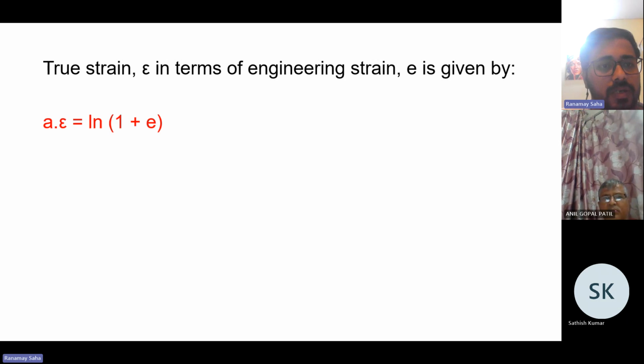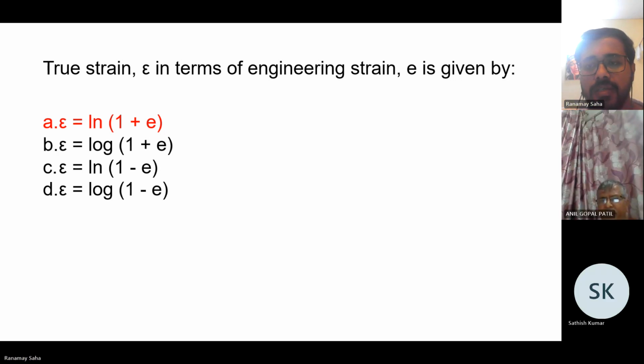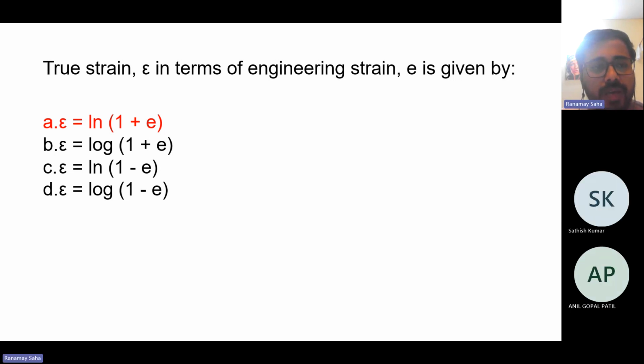This was the first question. True strain is given by. So we have discussed this concept in detail during our session. It should be a very easy answer for you, like engineering strain.